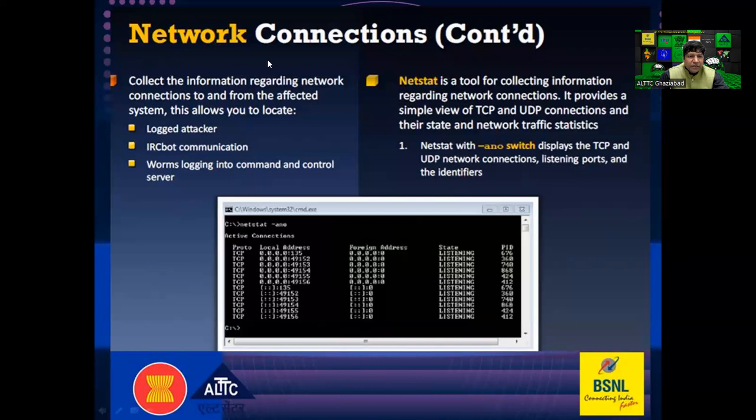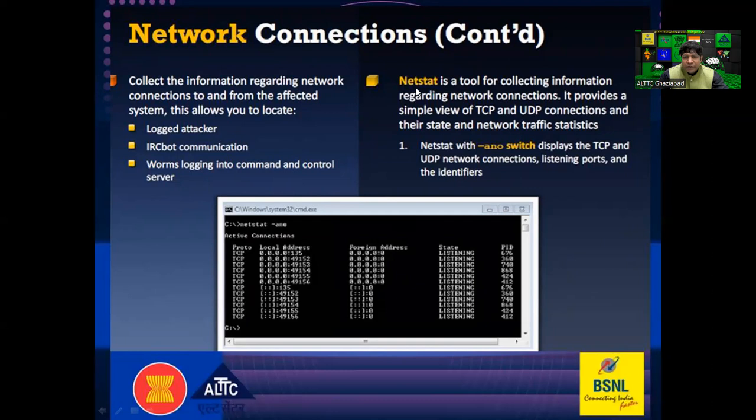And more regarding network connection, the information regarding network connections to and from the affected system. This allows you to locate attacker IRC bot communication, worm logging into the command and control server.